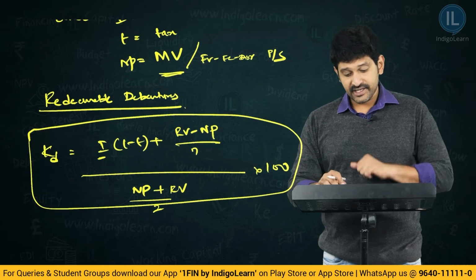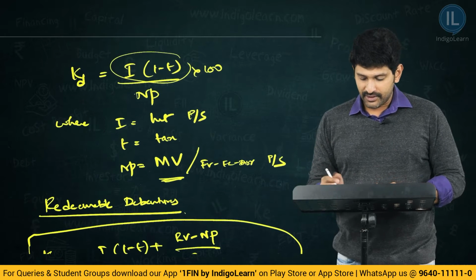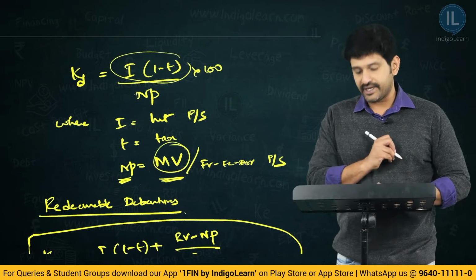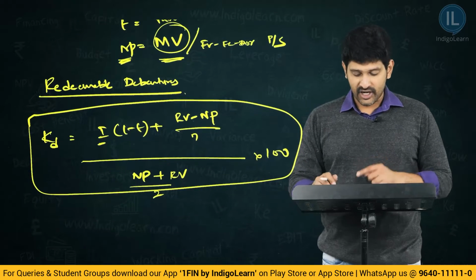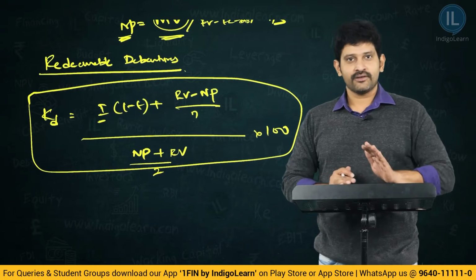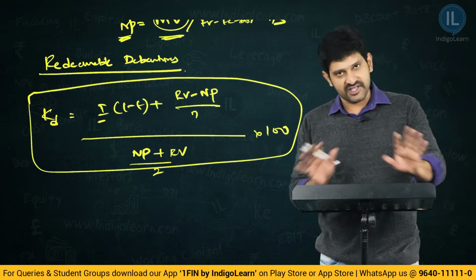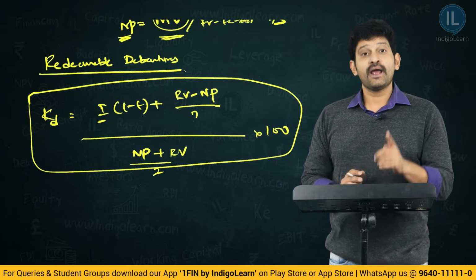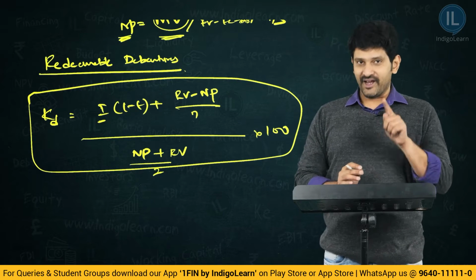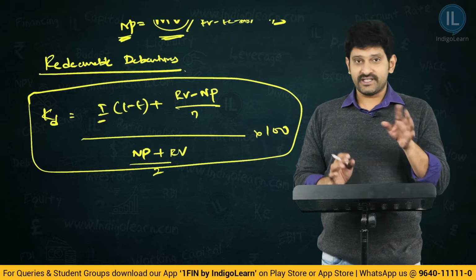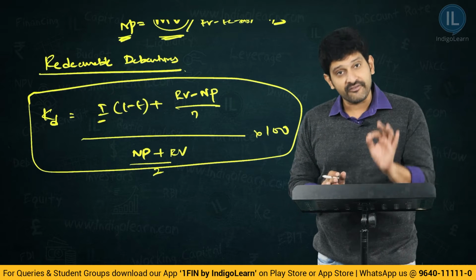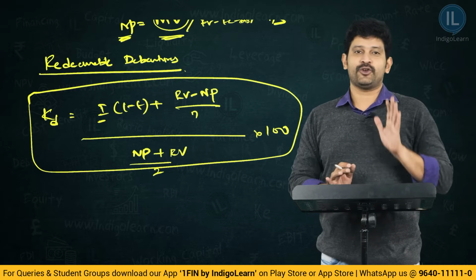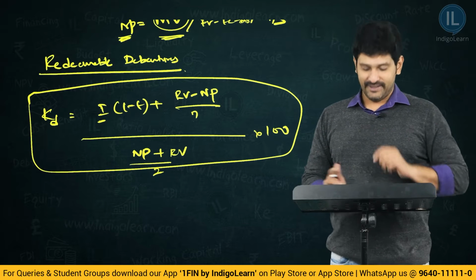Now, what is the special point we are supposed to keep in mind here? We said for irredeemable, the net proceeds usually we will take the market value. In case of redeemable, they are redeemable, so don't think of market, the 5 year term is fixed, you know clearly. Therefore, we prefer, I repeat, we prefer from the examination point of view when we are computing, book values only for redeemable.